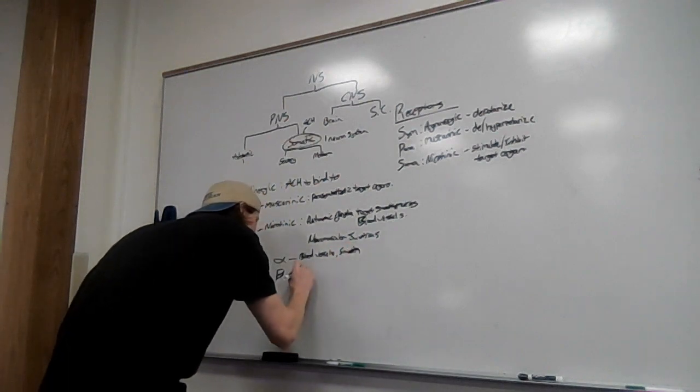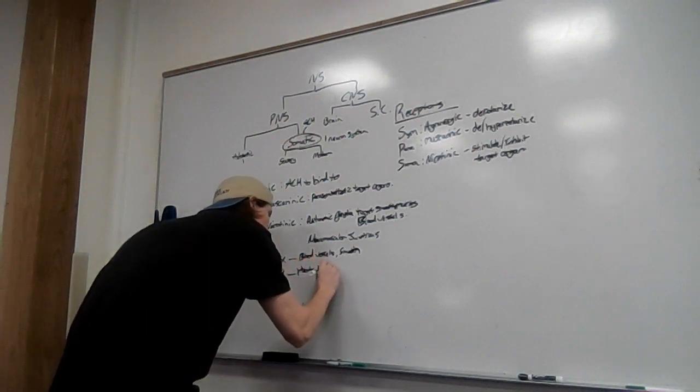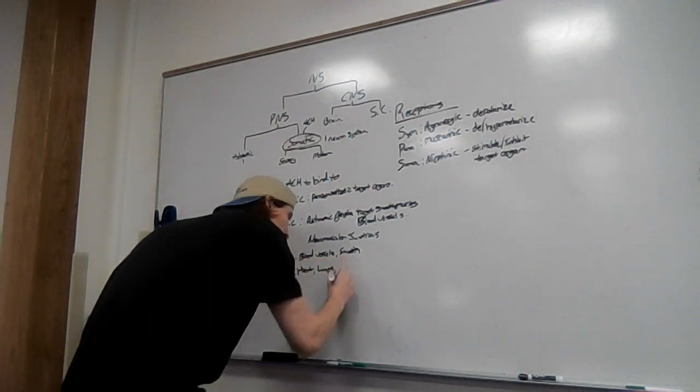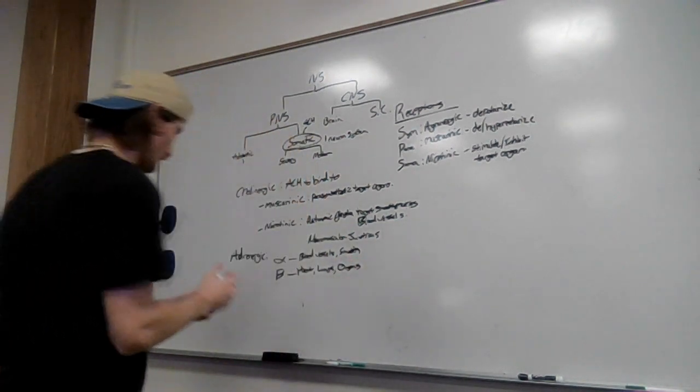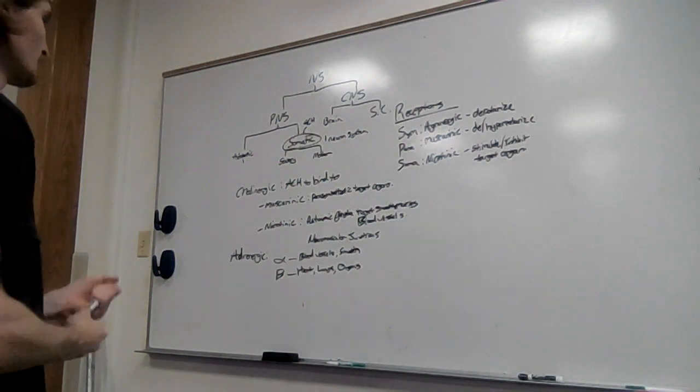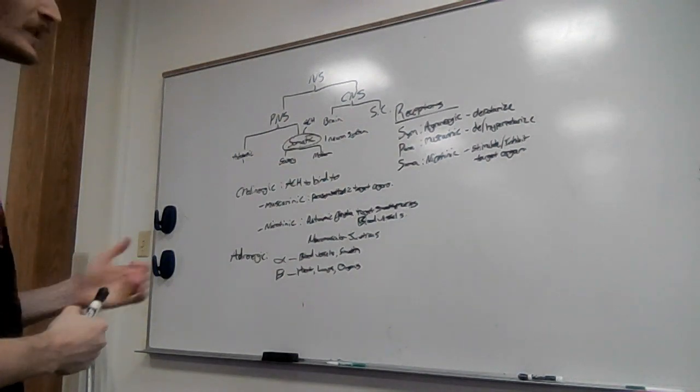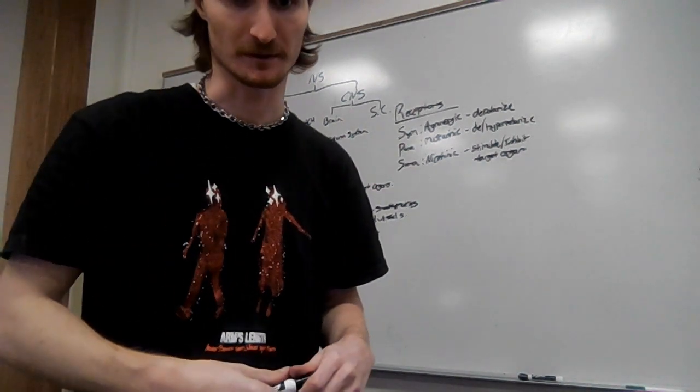And beta is going to be more towards your heart, your lungs. I think there's one more I missed, just organs in general. So yeah, there's the subdivisions of the receptors.